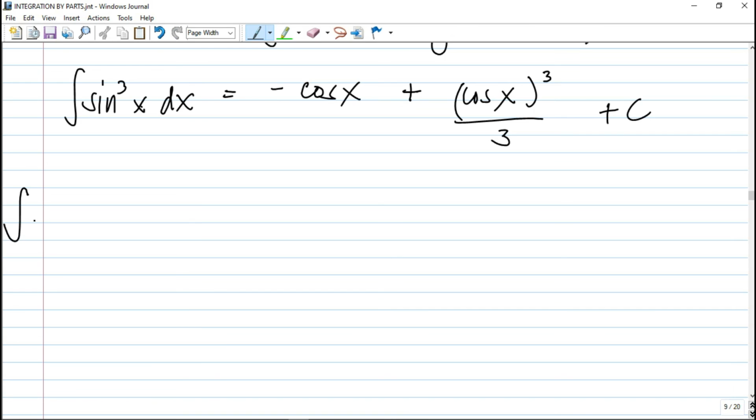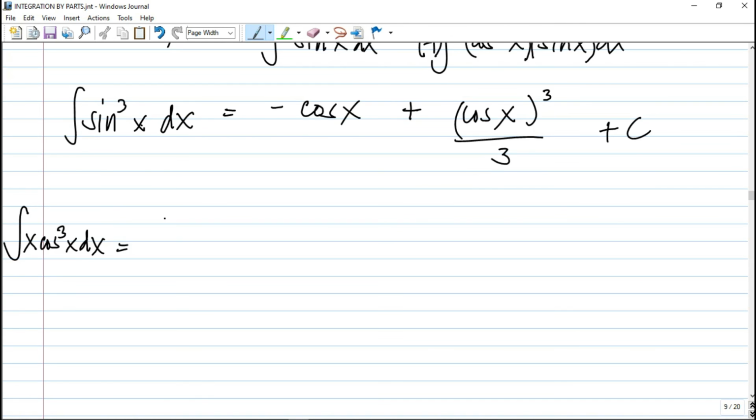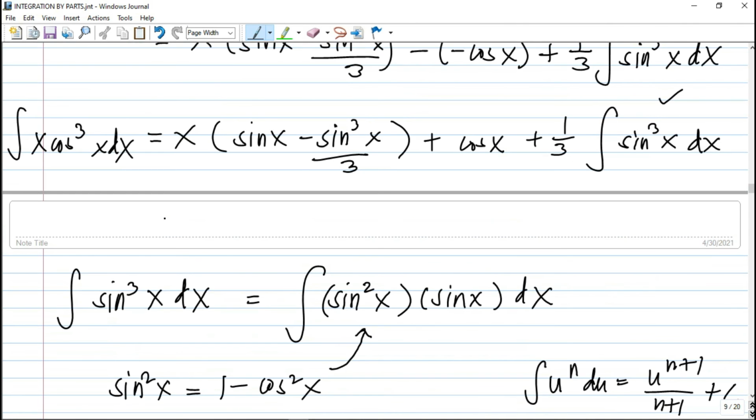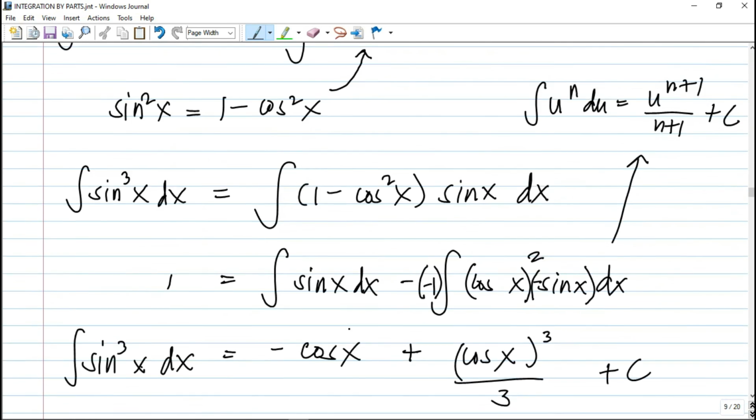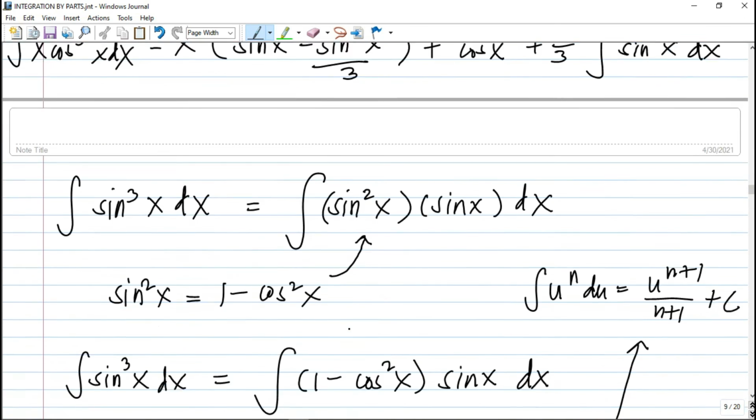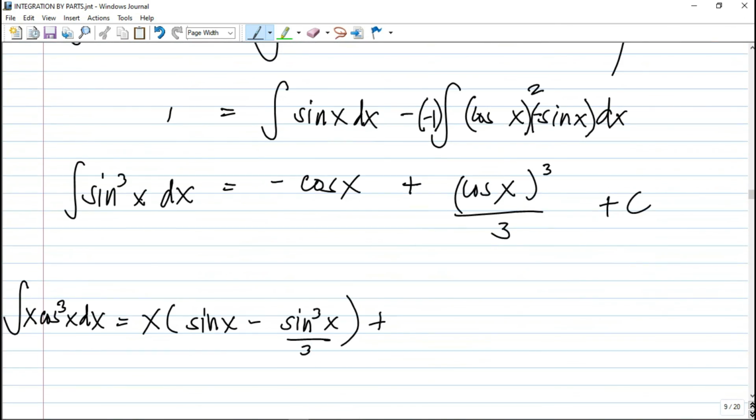Integral of x cosine cube x dx equals, medyo mahaba siya guys, so simplify naman natin siya in the final answer. So we have here x times the quantity sine x minus sine cube x over 3, then we have plus cosine x plus 1/3 integral ng sine cube x.